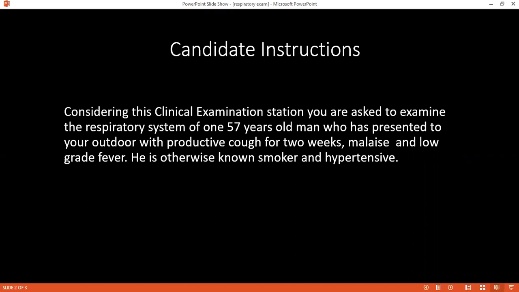I also examined the jugular venous pressure, trachea central, cricosternal distance 3 or 4 cm according to the case. I would state the respiratory rate, blood pressure, and pulse rate. By inspection, there is no scar and no use of accessory muscles.